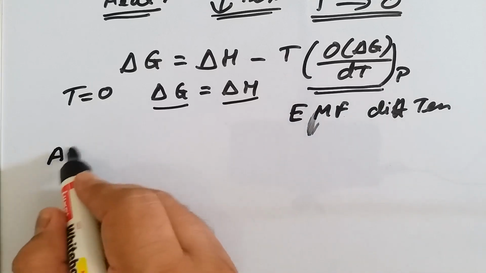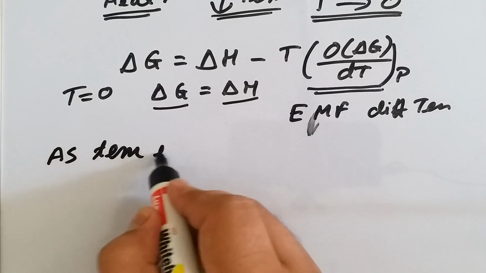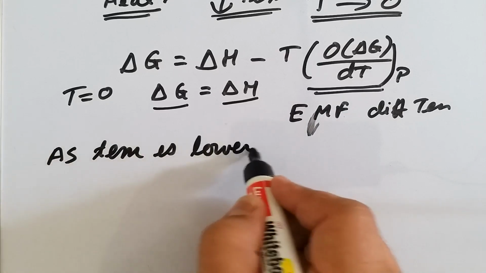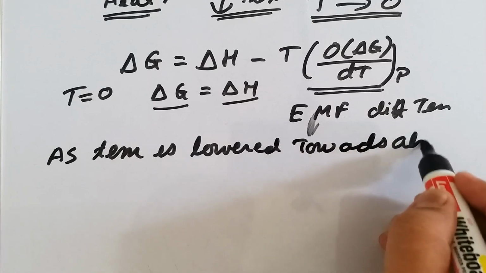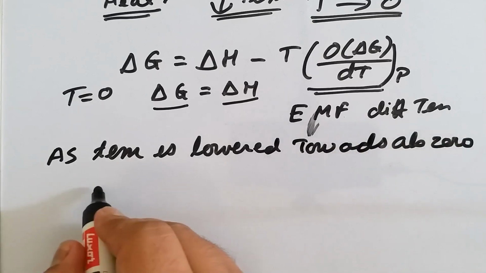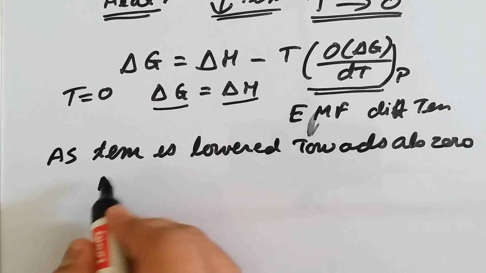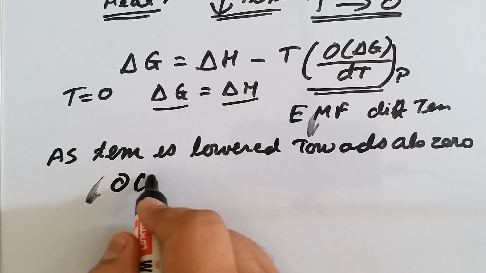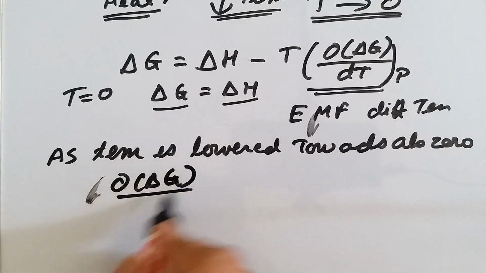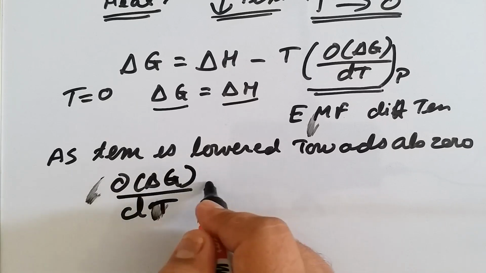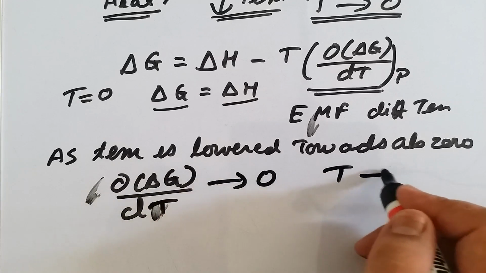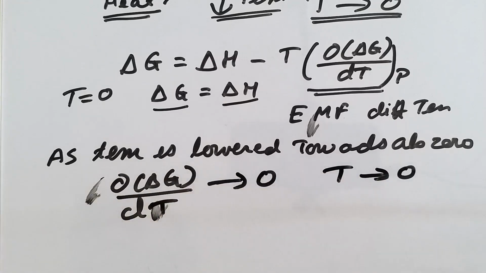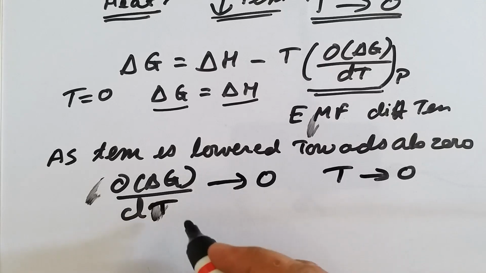So as the temperature of the system is lowered towards absolute zero, the value of the Gibbs function, that is d delta G upon dT, also approaches zero. This statement is known as the Nernst heat theorem.